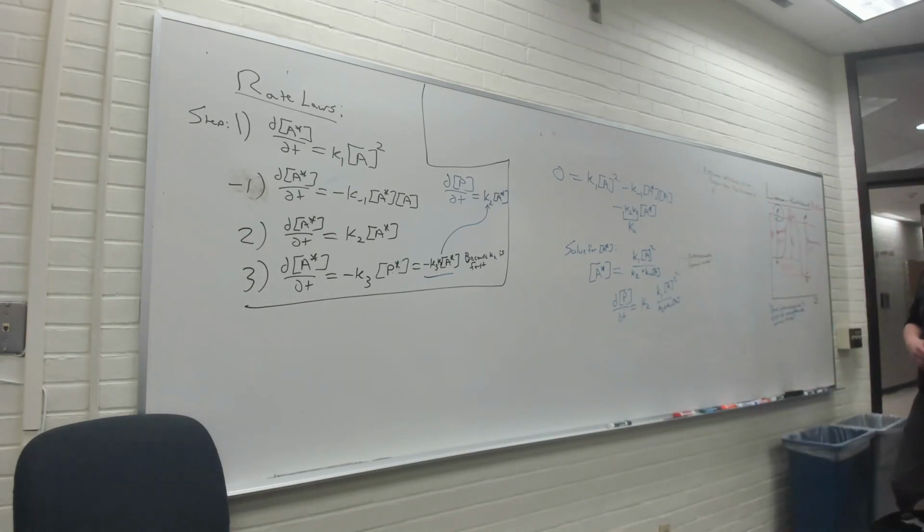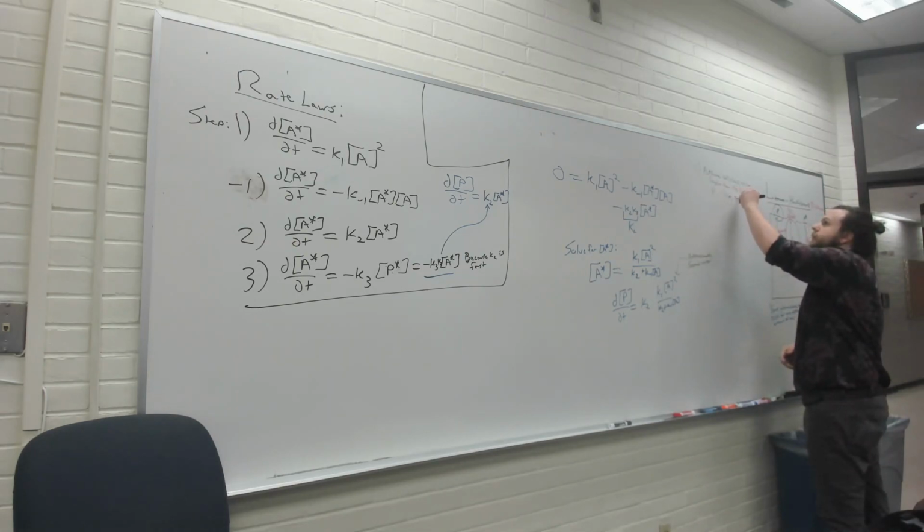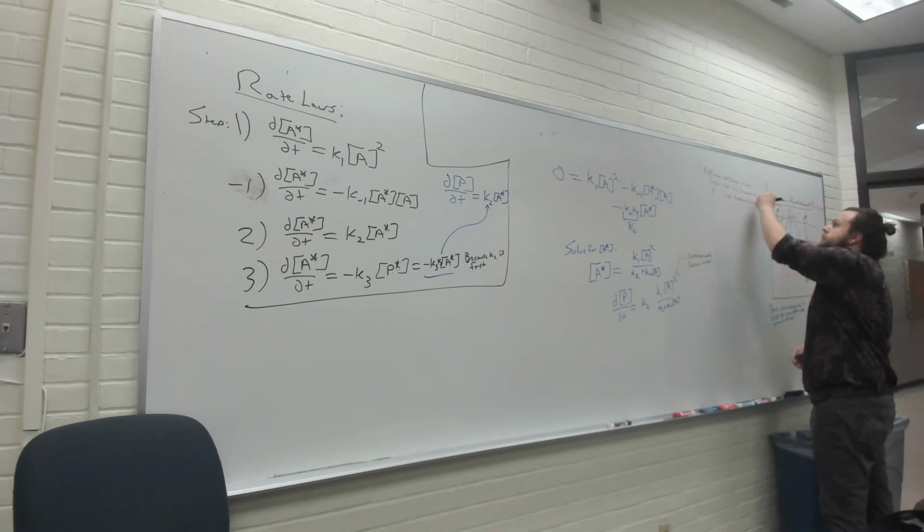So let's assume that the system's always colliding with itself. The process of this K2 reaction, taking A star to P, is slow relative to the collisional activation and deactivation of A. So there's lots of collisions. This is high pressure, which means lots of collisions.